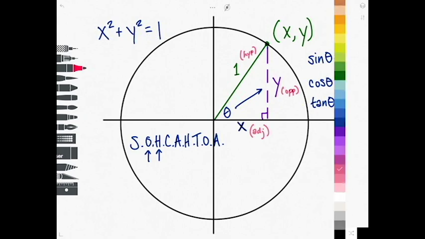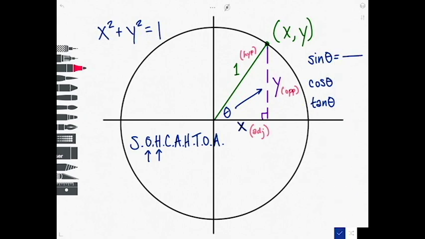Now sine is the opposite, which is y, divided by the hypotenuse, which is 1. So in this unit circle, y divided by 1 is just y. That means that in a unit circle, the sine of theta is the y coordinate.